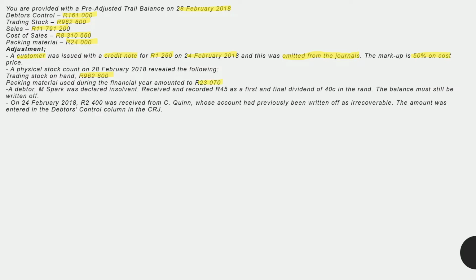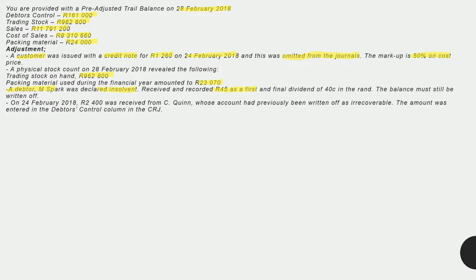Then a debtor, Mr. M. Spark, was declared insolvent. He paid 45 Rand as a first and final dividend of 40 cents in the Rand.